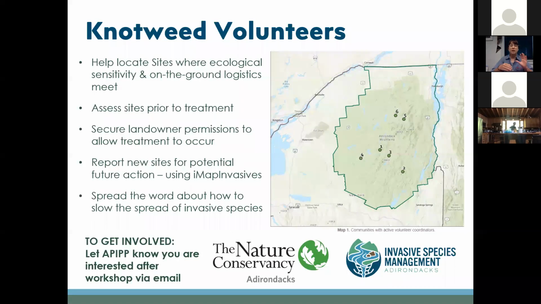And then reporting and tracking new sites or existing sites using an easy to use app that I'll share information about called iMap Invasives, which APIP and other regional partners throughout the state utilize to set goals and understand different population distributions throughout their working geographies. And then these volunteers also spread the word about how to slow the spread of invasive species, particularly knotweed.